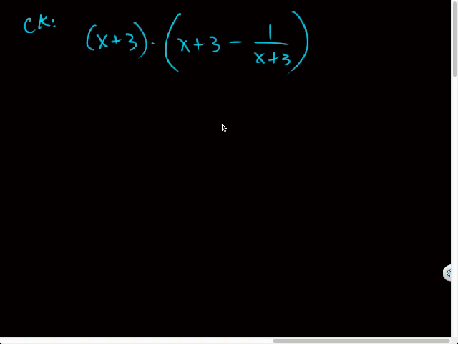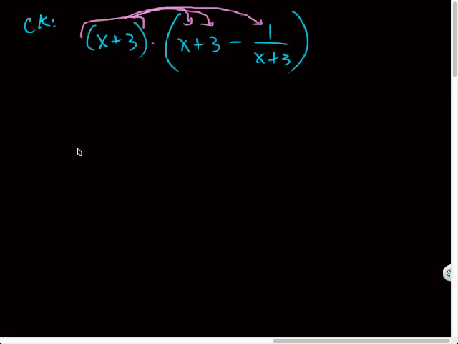Now check this out. I'm going to do this via distribution. Let me pick this color for my arrows. Imagine I multiply this whole thing by all three of these parts.